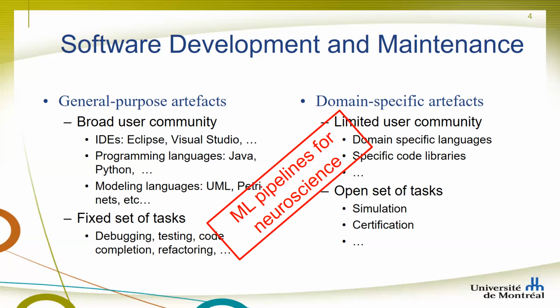So there is not a clear separation between them. Sometimes we have things that are domain specific, but gather more interest, broader communities, and some aspects move from one to the other. For example, everything that is done now on machine learning pipelines for neuroscience or for genomics.